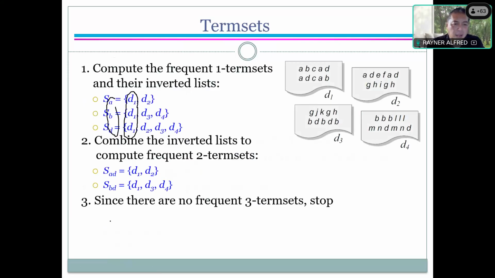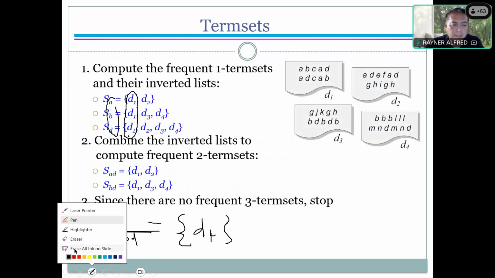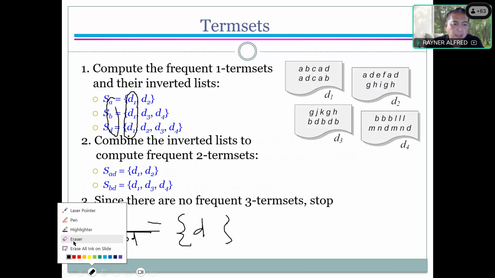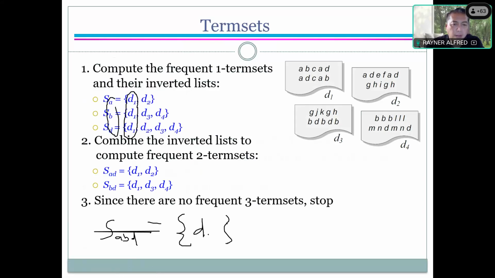So that means ABD only appears in document 1. Since we only have one document, they are not frequent. So we stop there. From this example, we only have 5 frequent term sets. So we start with single, double, and triple.